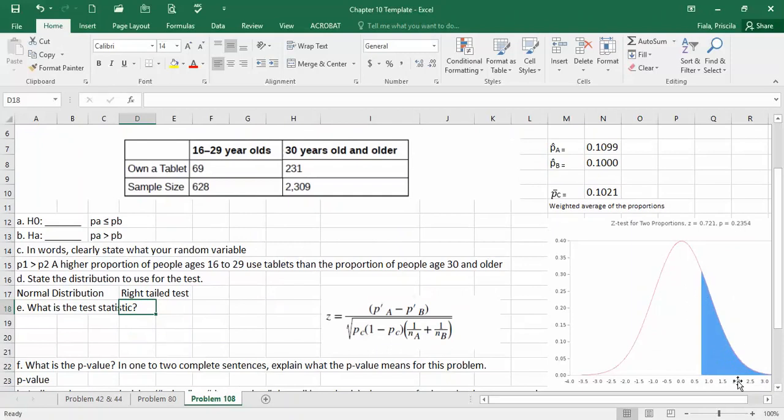This shaded area right here from your table, not a two tail, not a left tail. You're just going to need this portion right here.